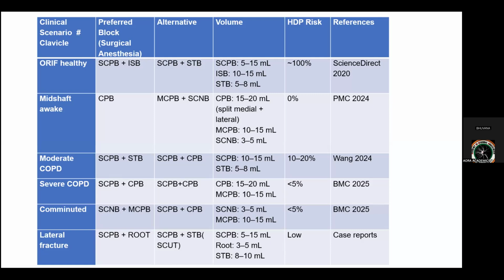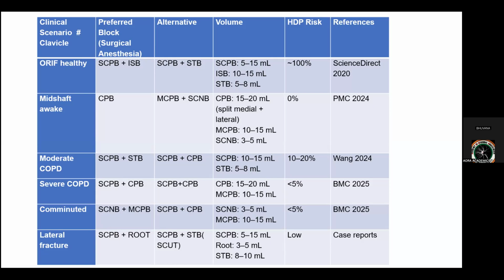If you want an alternative, we can go with superficial cervical plexus plus superior trunk blocks. If you prefer dense surgical anesthesia, there will be 100% diaphragmatic risk based on the scientific evidence.